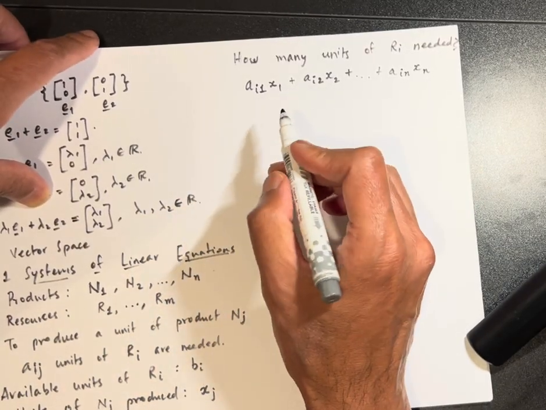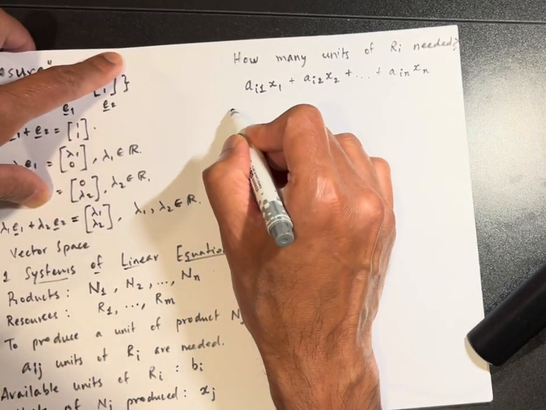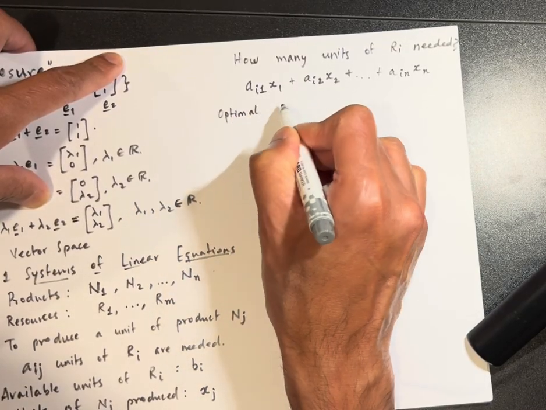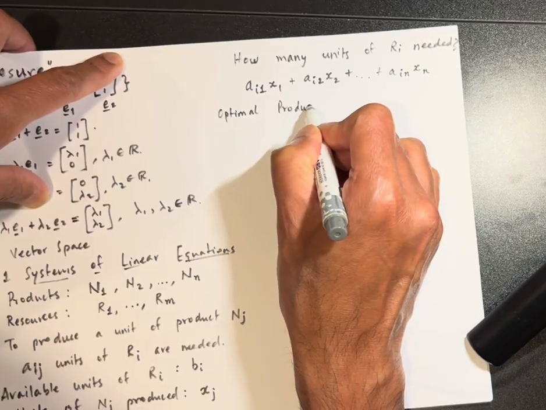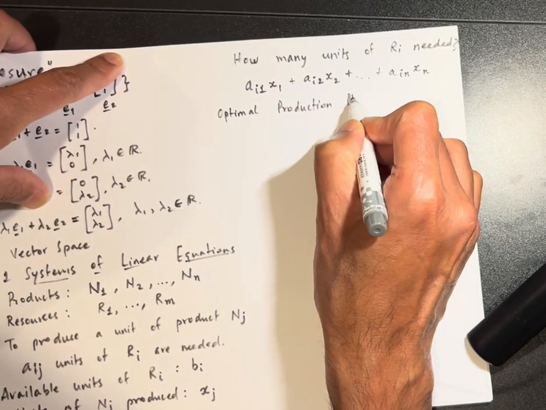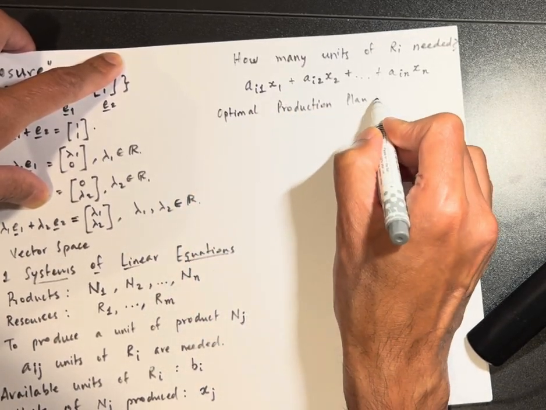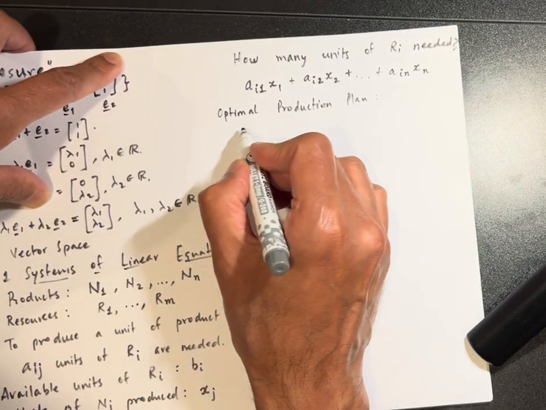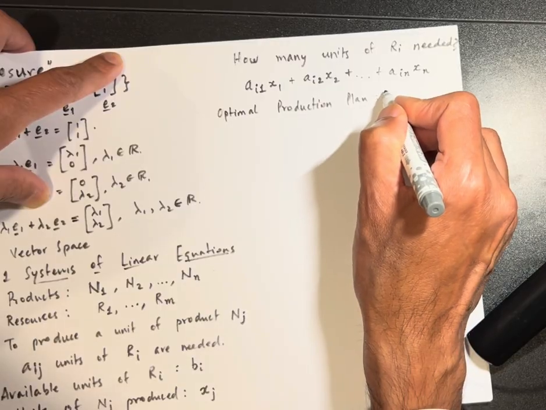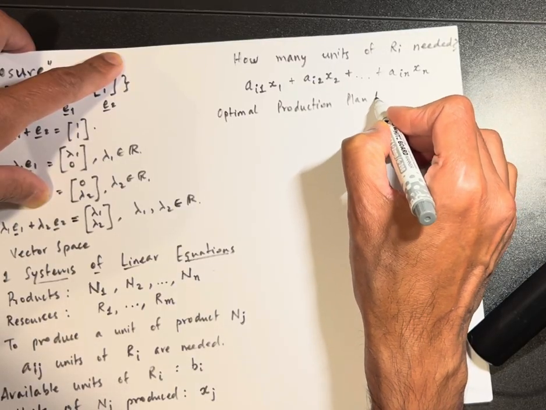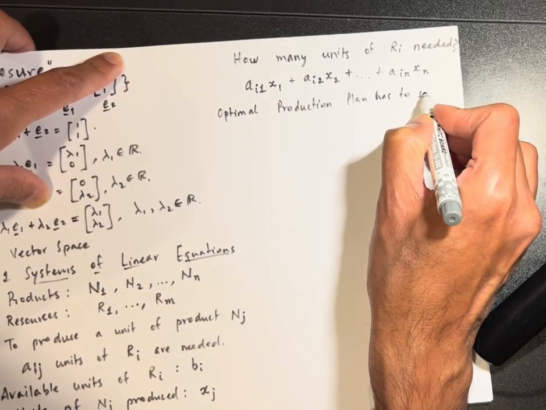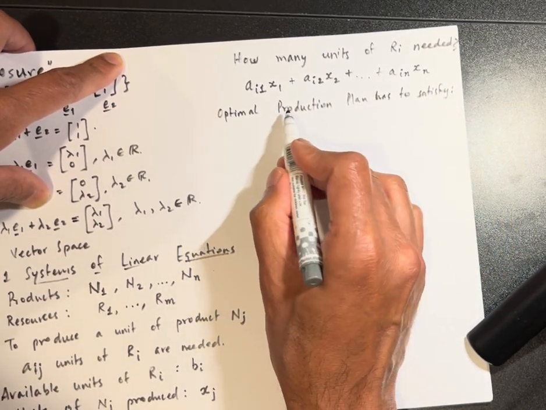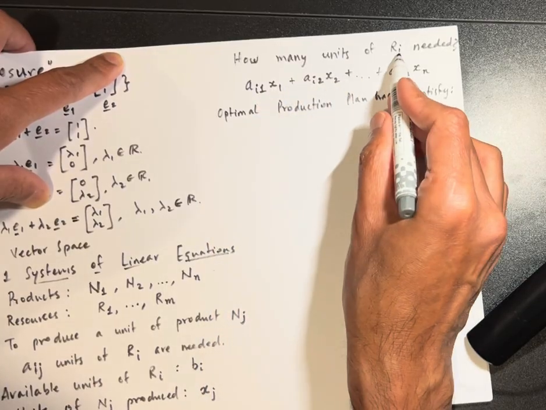An optimal production plan. Now we come to this optimal production plan. What is this plan? This plan has to satisfy the following system of equations. Let's take the resource R1.